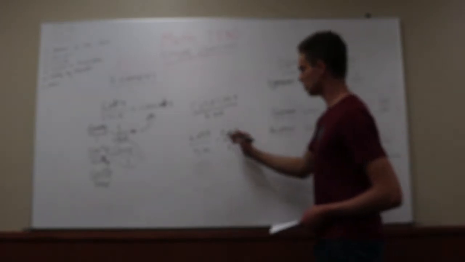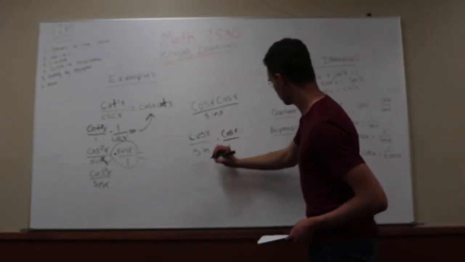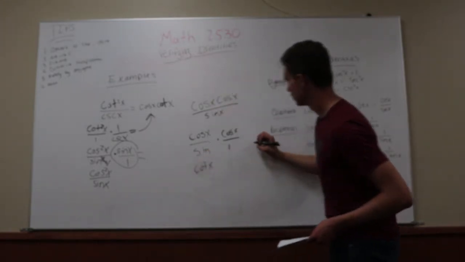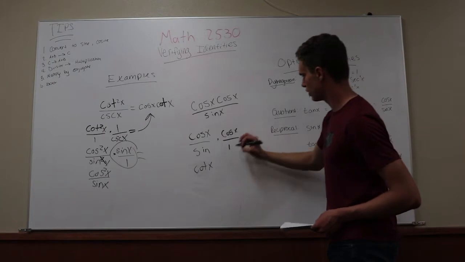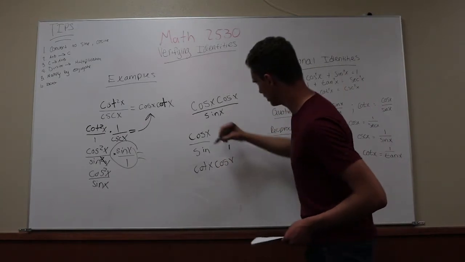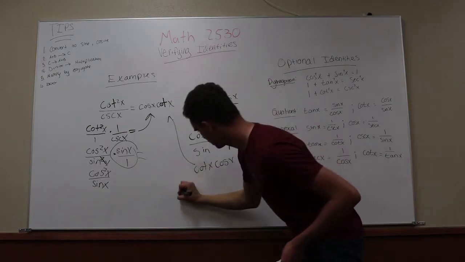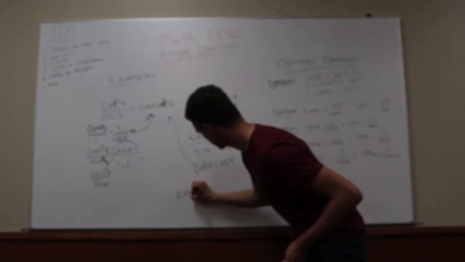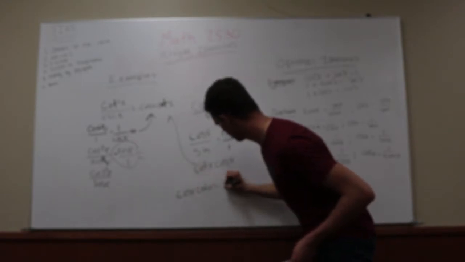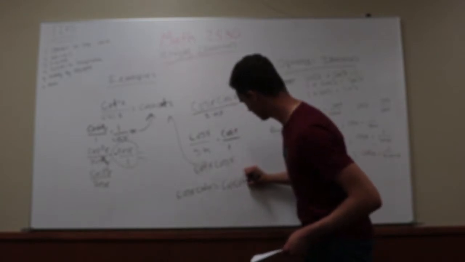The next step is to use a quotient identity, and cosine over sine equals cotangent of x, and then cosine over 1 equals cosine of x. And as you can see, that's what we started with up here. So your final answer is cosine of x times cotangent of x equals cosine of x times cotangent of x.